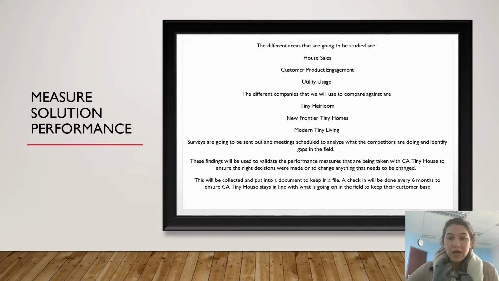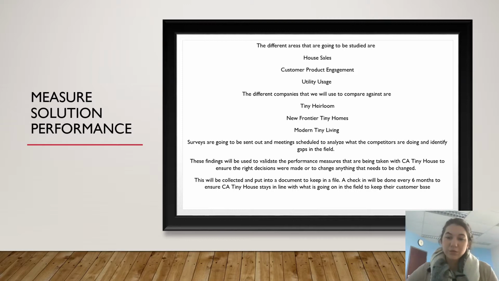The first task that we went over was measure solution performance, and for this we did benchmarking and market analysis. You'll see at the top we reviewed some competitors, house sales, customer project engagement, and utility usage, which are the areas we decided to compare against. We looked at Tiny Heirloom, New Frontier Tiny Homes, and Modern Tiny Living, and compared their sales, customer project engagement, and utility usage.